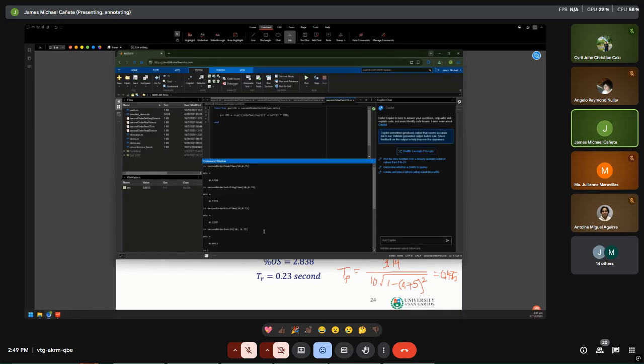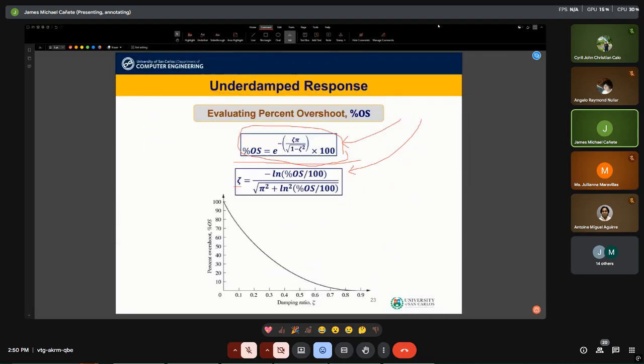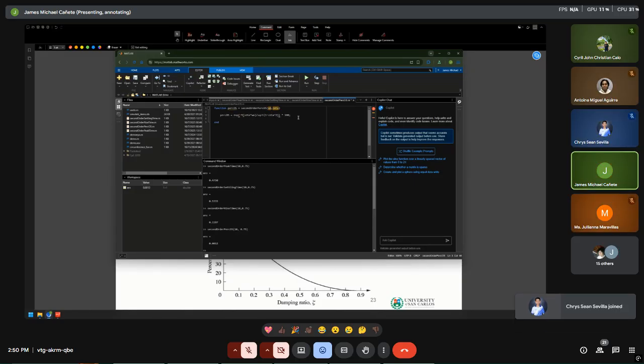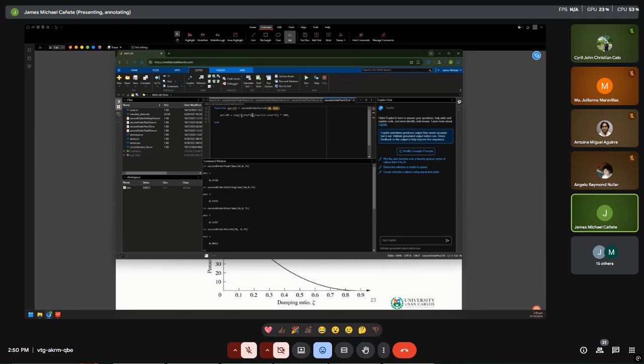Okay. Debug, save. Is this the formula? Error. Oh, closing. Okay, save. Let's run this again.